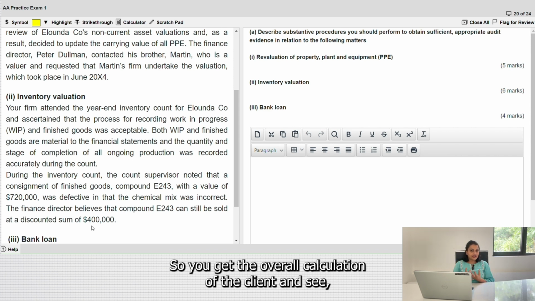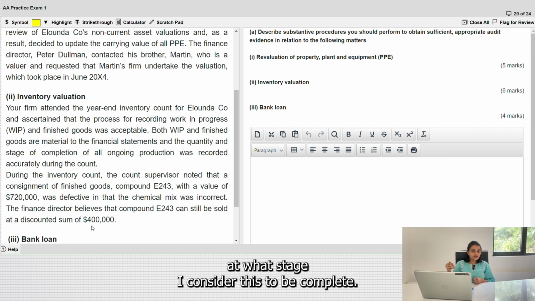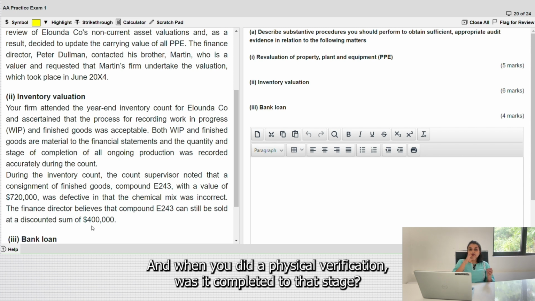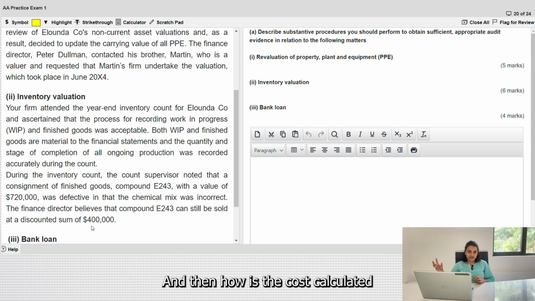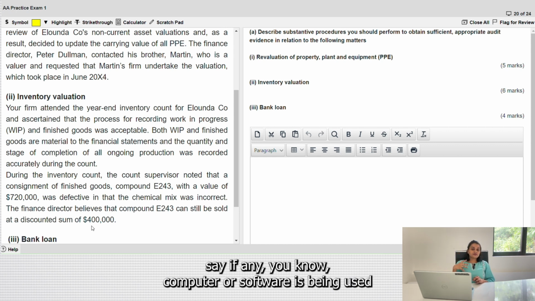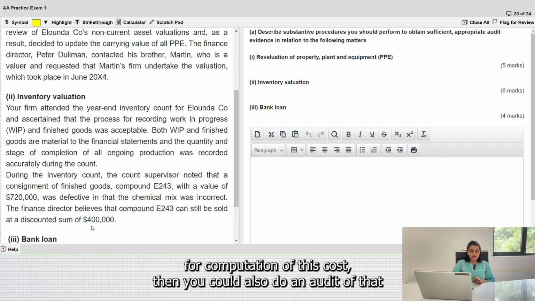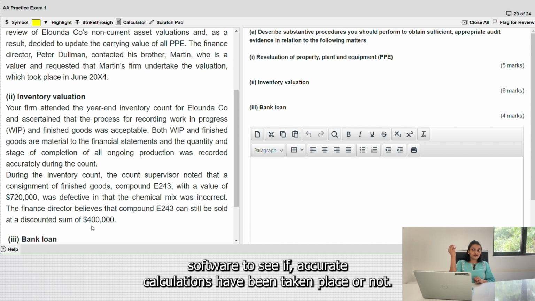So you get the overall calculation of the client and see at what stage they had considered this to be complete, and when you did a physical verification, was it completed to that stage, and then how is the cost calculated. Then, if any computer or software is being used for computation of this cost, you could also do an audit of that software to see if accurate calculations have taken place or no.